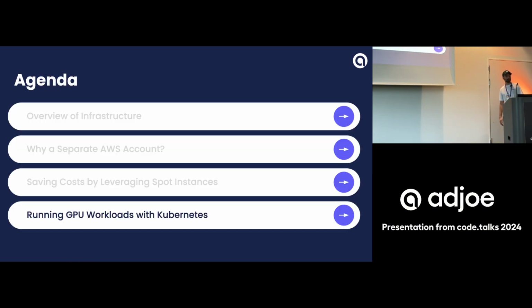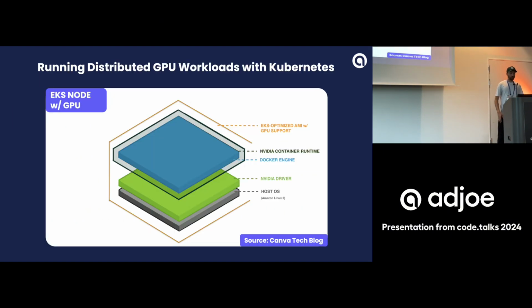Let's discuss a little bit about GPU workloads and understand how we are planning to run GPU workloads on Kubernetes. For that, we need to understand what we need to be able to add a GPU to a container. So we will use AMIs from AWS called EKS optimized AMIs, always in the EKS cluster, but in this case, we will use the ones with GPU support. What does it add? It will have an NVIDIA driver.